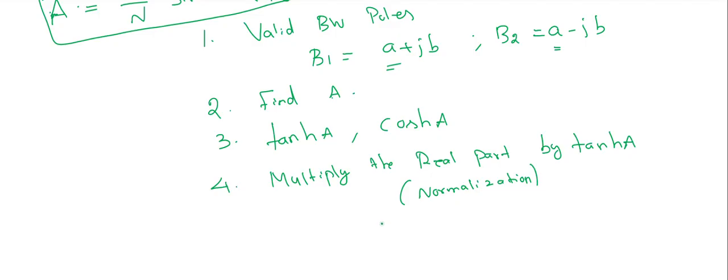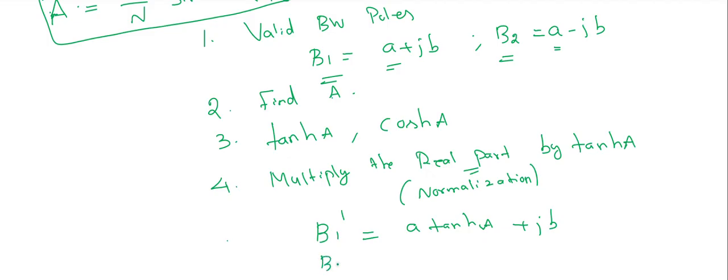So multiply the real part by tanh A. So for the normalization, the new pole will be B1 dash. Multiply the real part by tanh A: A tanh A plus jB. The other one is B2 dash.